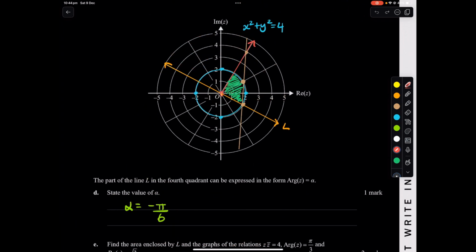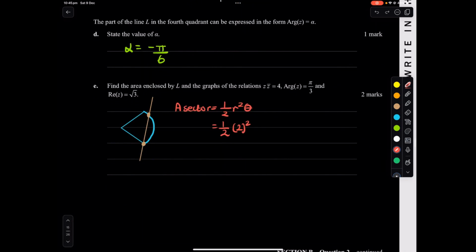It's easy, because each of these lines over here is 30 degrees, which is pi over 6. 30 plus 30 is 60, plus another 30 is 90 degrees, and hence it's a right angled triangle, which is true. So it's 90 degrees, which is pi over 2.